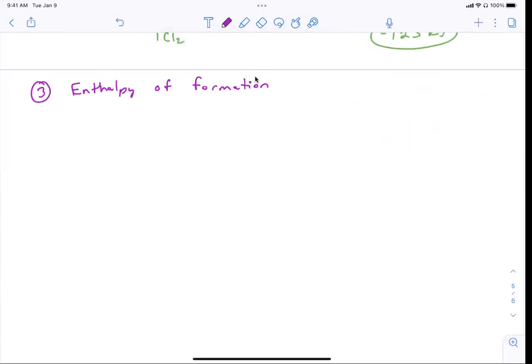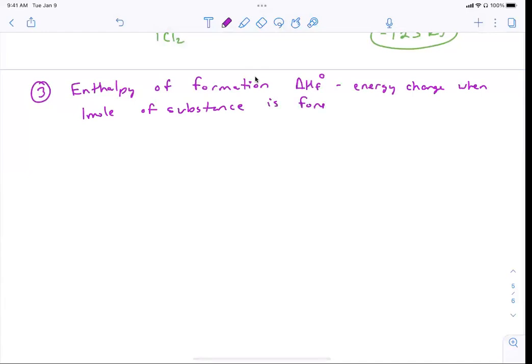Enthalpy of formation, or delta HF. Here's what you need to know about enthalpy of formation. It is defined as the energy change when 1 mole of substance is formed from elements in their standard state at standard conditions.